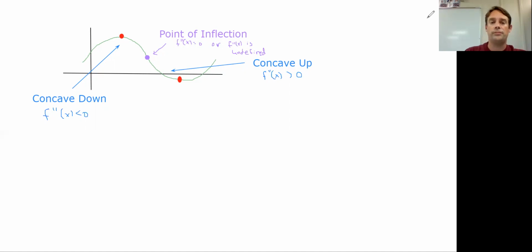So a graph has a point of inflection when the second derivative changes signs, or the concavity of the graph changes. For instance, let me draw another one here for you. Again, let's have it go the opposite way. So I'm going concave up, change, concave down. That point where it changes, we call a point of inflection.